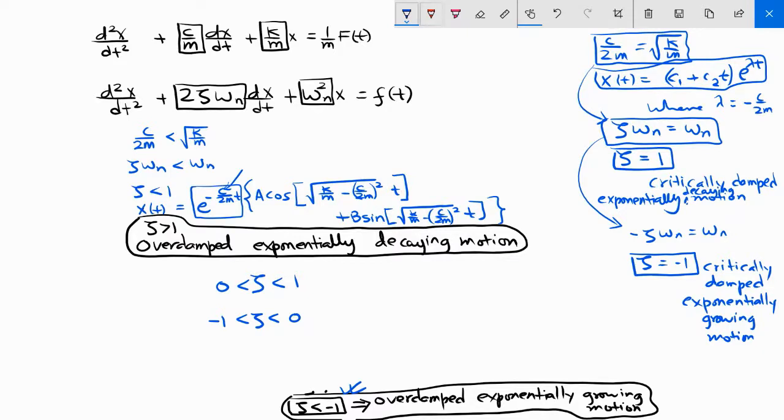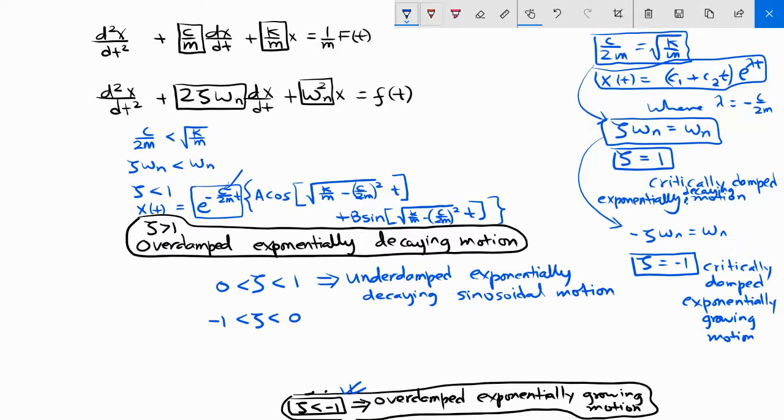All right. So when zeta is between 0 and 1, we get underdamped exponentially decaying sinusoidal motion.